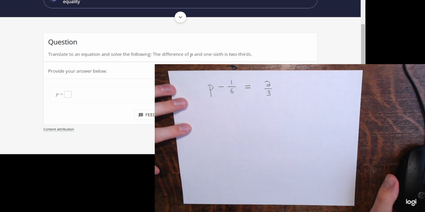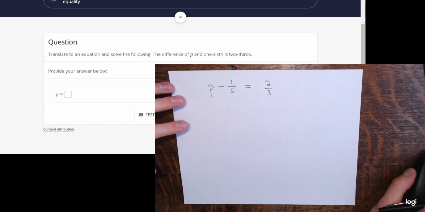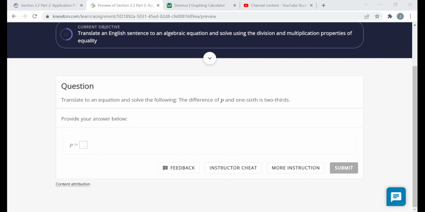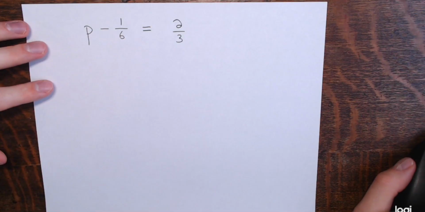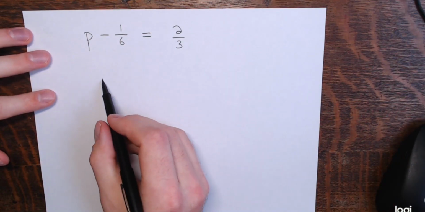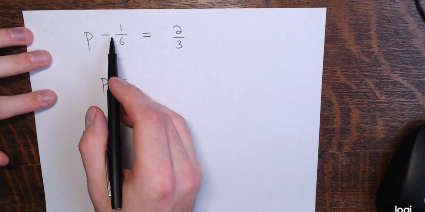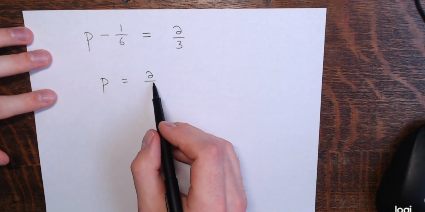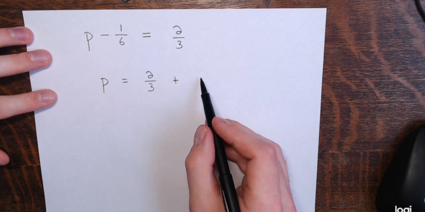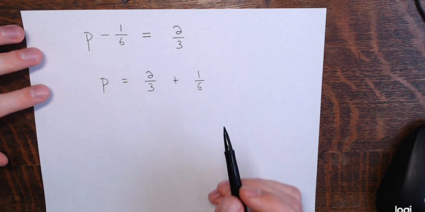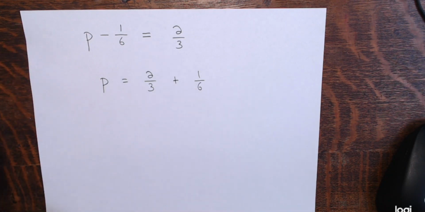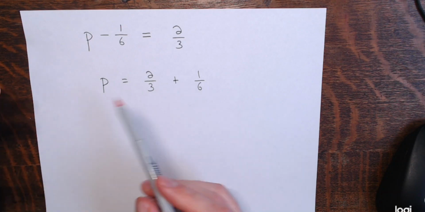Now again, I don't know why this is in the multiplication one. Because I can just solve this by adding. To get p alone, we would just add 1/6. So we have 2/3 plus 1/6. But I do need a common denominator. I can't add or subtract without the same denominator.